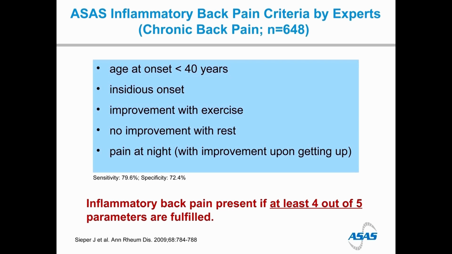It's insidious in onset, so it's not like they can point to a thing that set it off, like lifting or something. It tends to improve with exercise, and this is different than osteoarthritis low back pain. There's no improvement with rest, again different than osteoarthritis low back pain, and there's pain at night, and it improves when one gets up. So in order to classify as inflammatory back pain, one needs to have at least 4 of the 5 parameters.